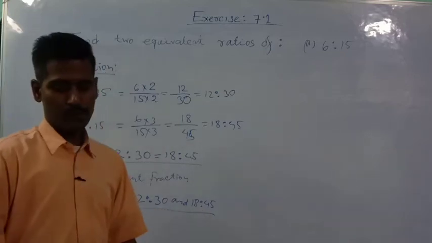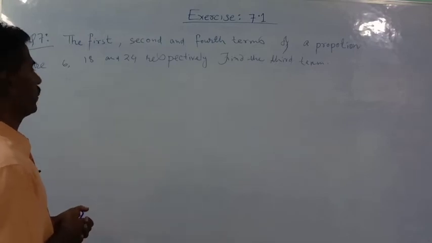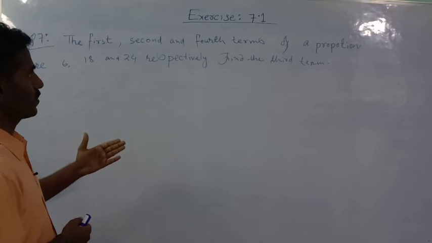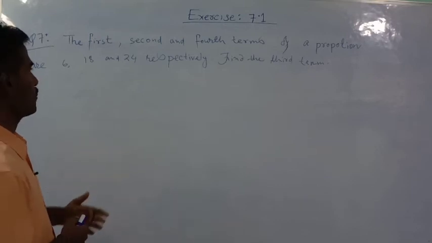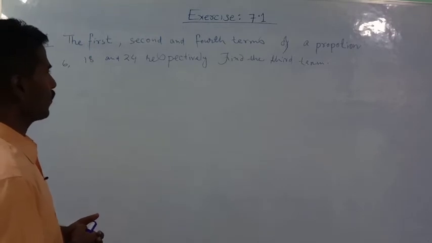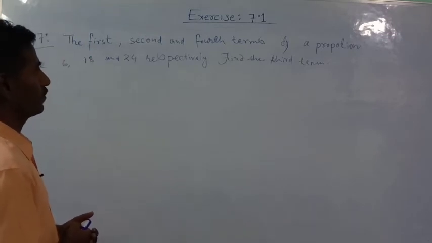Very simple question. Now let us solve question number 7: the first, second and fourth terms of a proportion are 6, 18 and 24 respectively. Find the third term.